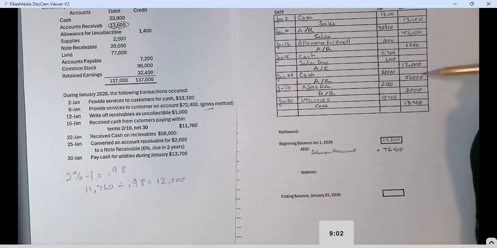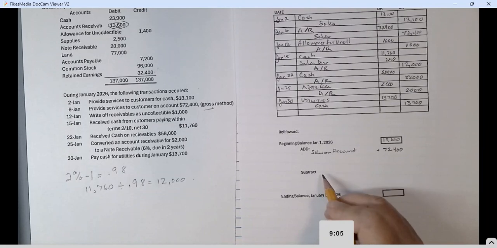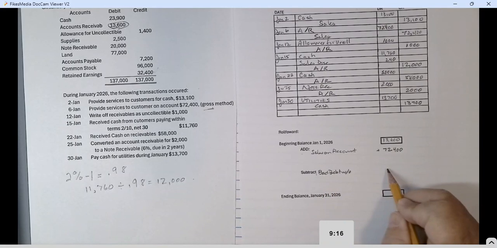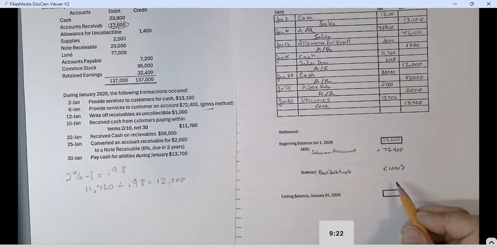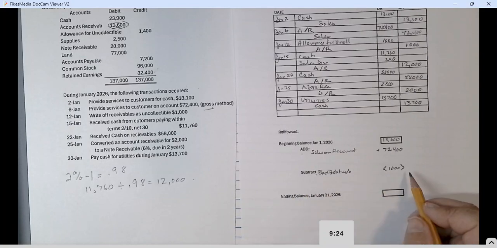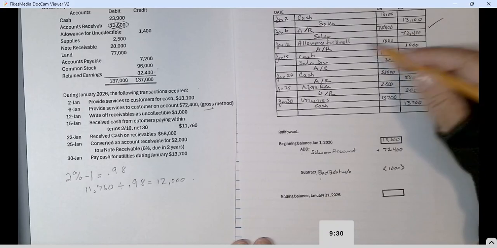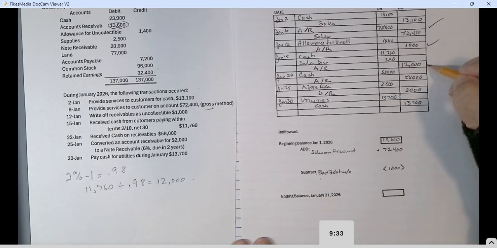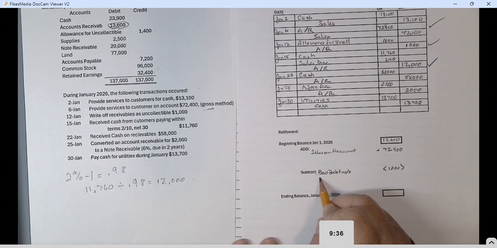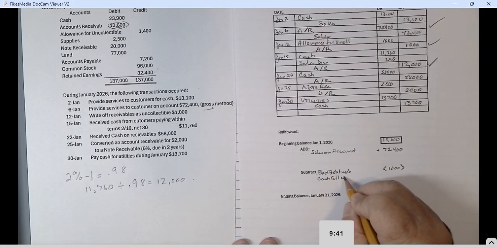I see the rest of these are also accounts receivable and they're subtractions. So subtractions we have bad debt write-off of 1,000. And I'm using brackets to remind me that it's a subtraction. It makes it look like a redundancy, but it's also a good reminder. Okay, so I have done this one. I have done this one. Now this one, 12,000, cash collected with discount.